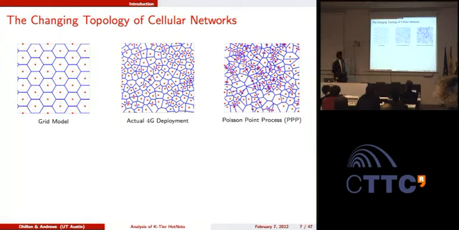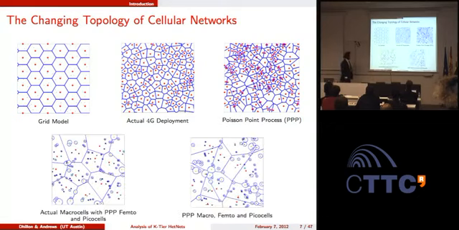That's what a Poisson process is. One might say that for macrocells, this is maybe not a very intelligent model, but then neither is the grid model. The reality is somewhere in between the grid model and the Poisson model. I'm not saying that the Poisson is the end of the world, but it is a good starting point.